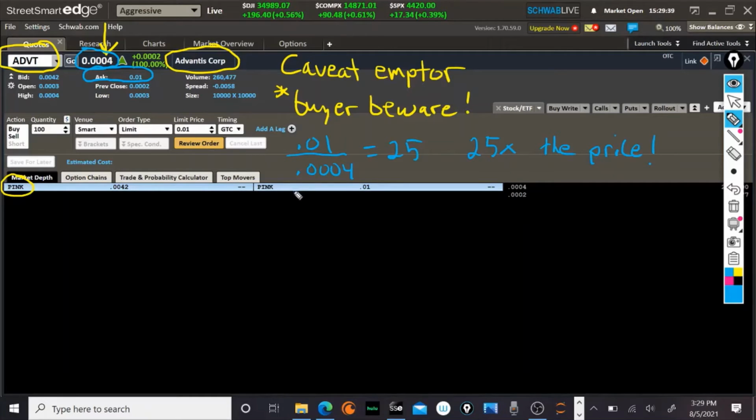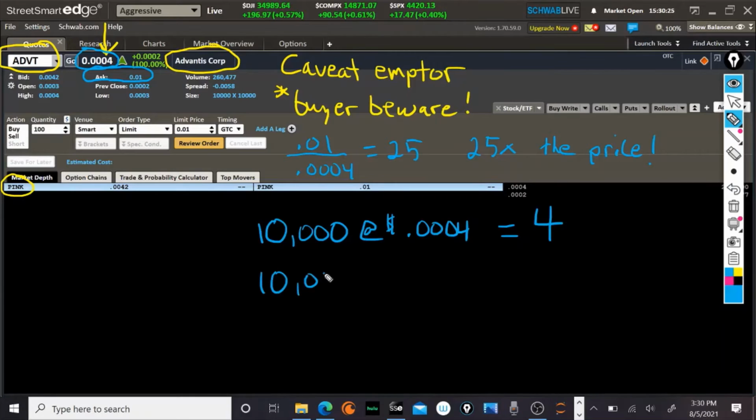Now, if we just do it in a larger volume, because normally people buy these in larger quantities because they're really cheap. Like let's say if we did 10,000 shares at 0.0004, which is what you thought you were going to get the security for, you would spend a total of $4.